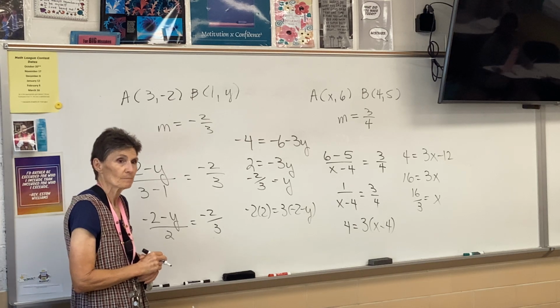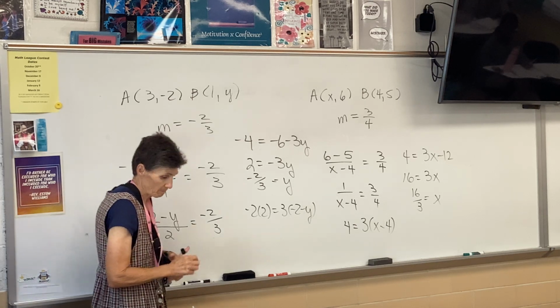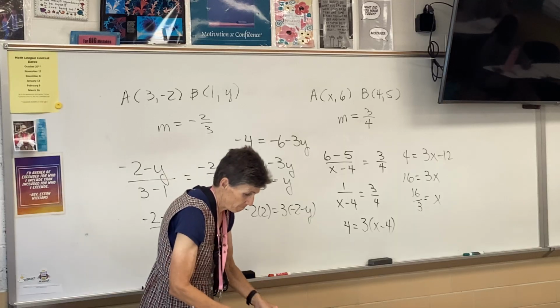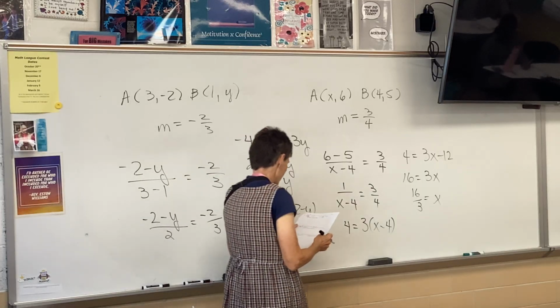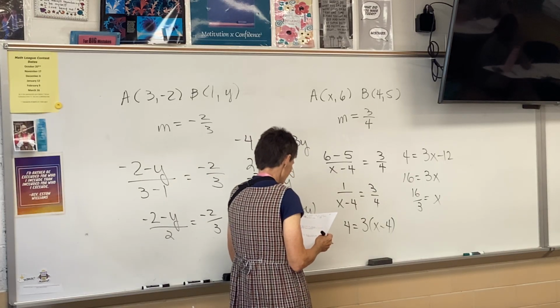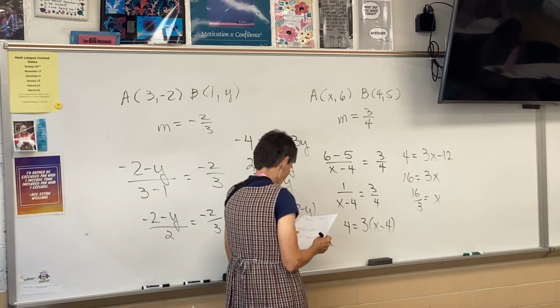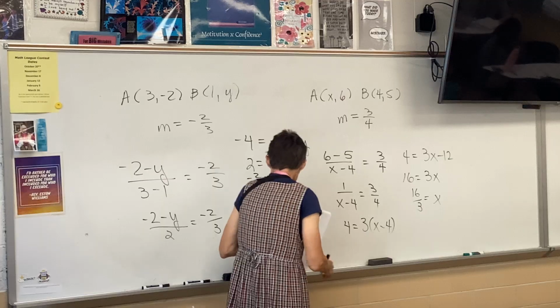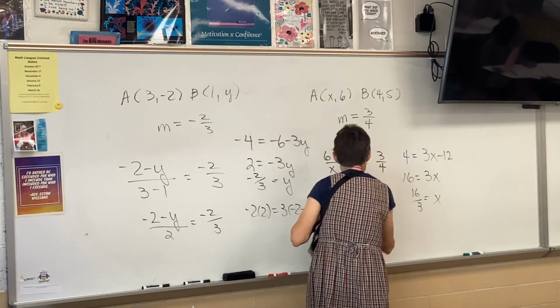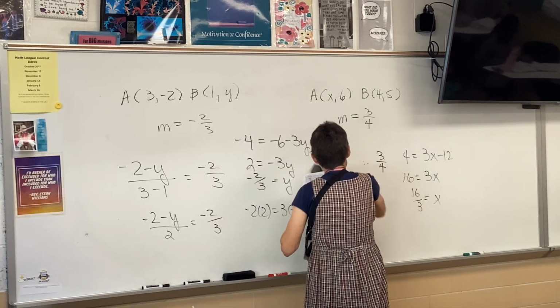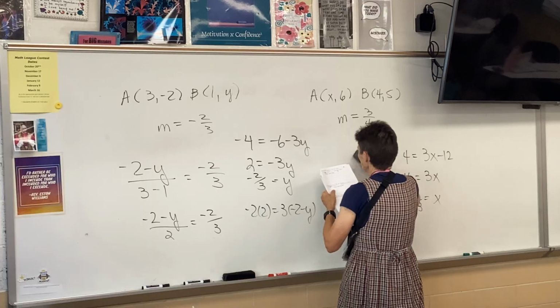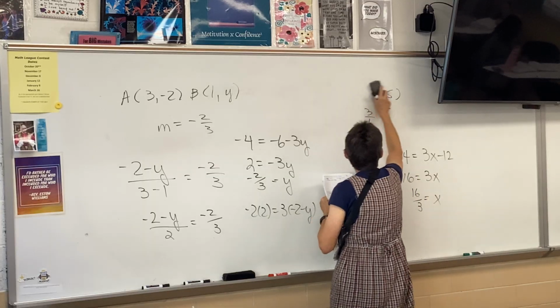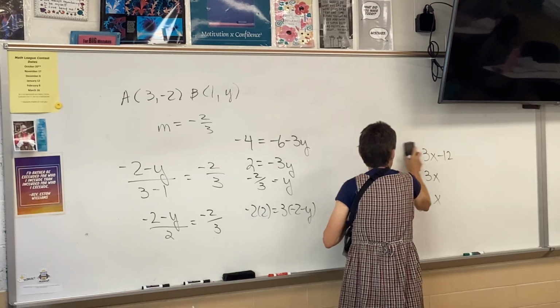Is it good? Everyone? Perfect. All right. Number 3 and number 4 are actually the same kind of problem, except number 3 wants point slope and number 4 wants slope intercept.